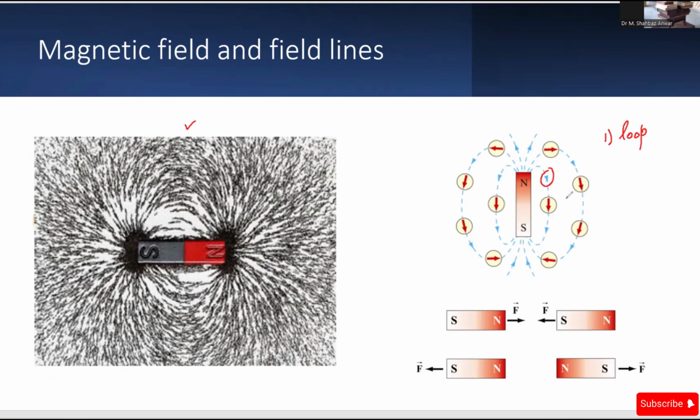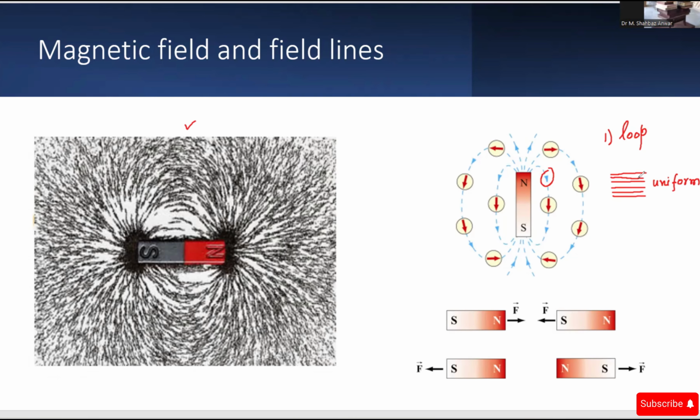For example, if we have magnetic field lines that are very close to each other, and they are also at the same distance from each other, then you can say that this magnetic field is stronger and uniform.